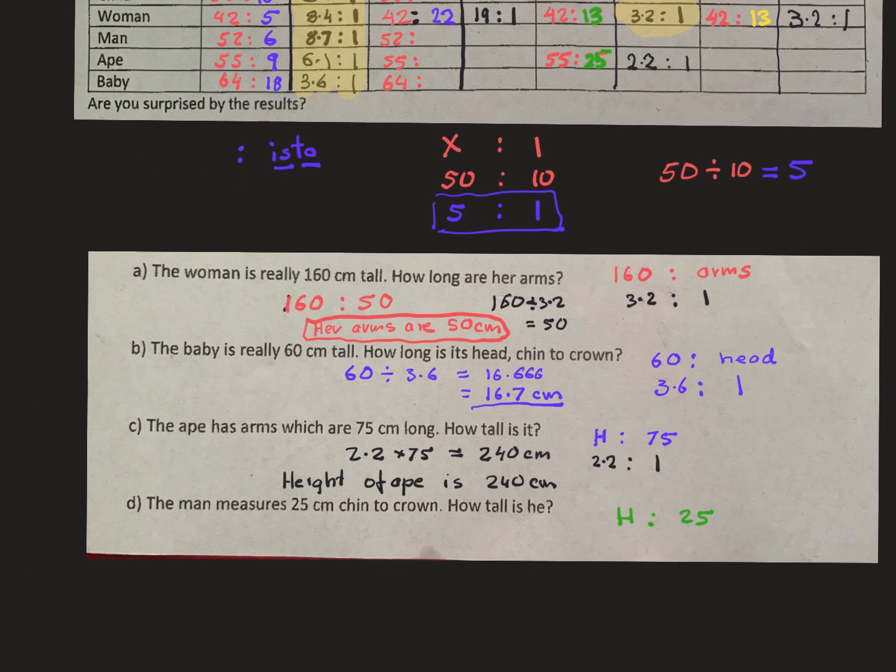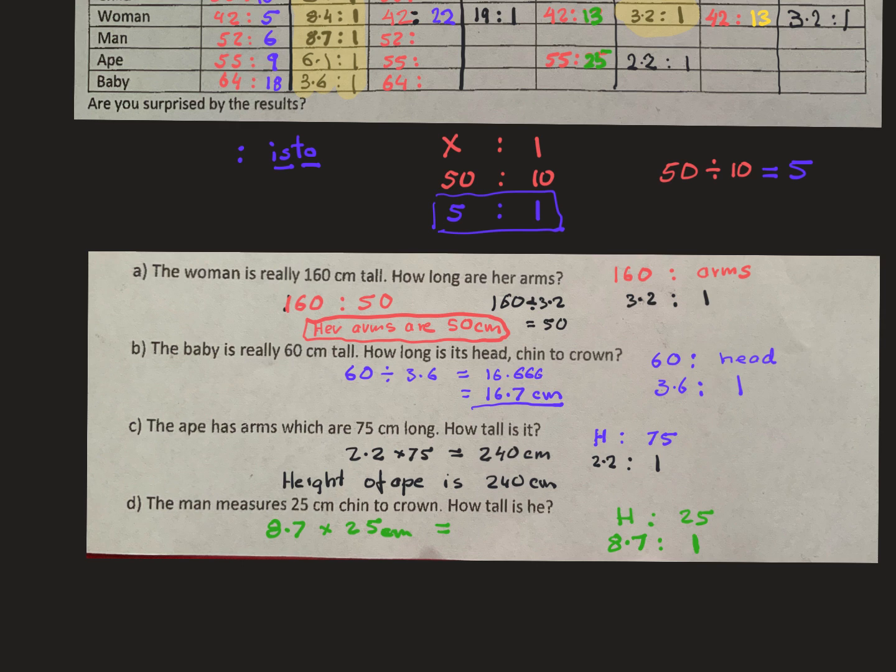So we write 8.7 to 1. Again, we multiply these two, 8.7, because that's how much bigger he is, by 25 centimeters. 25 is the head in centimeters. What happens if we multiply these two together?